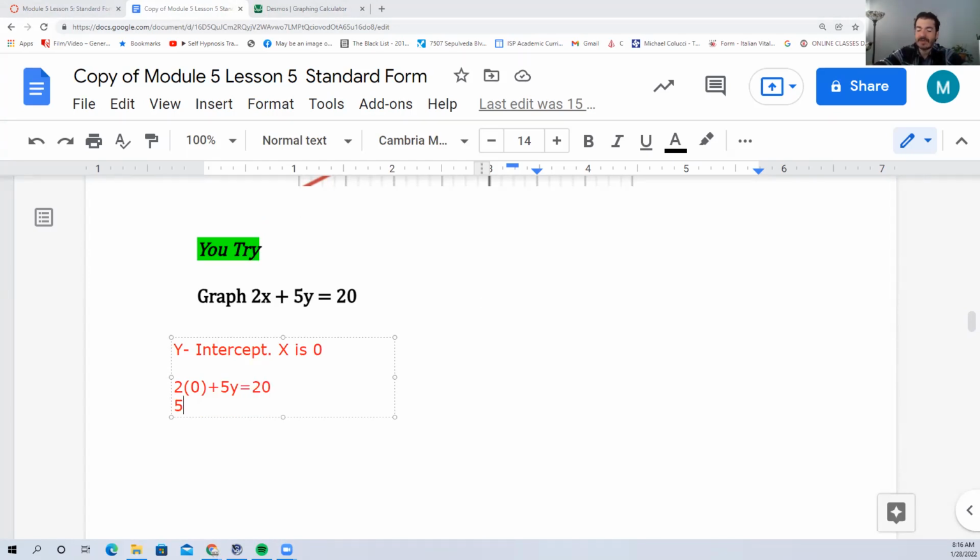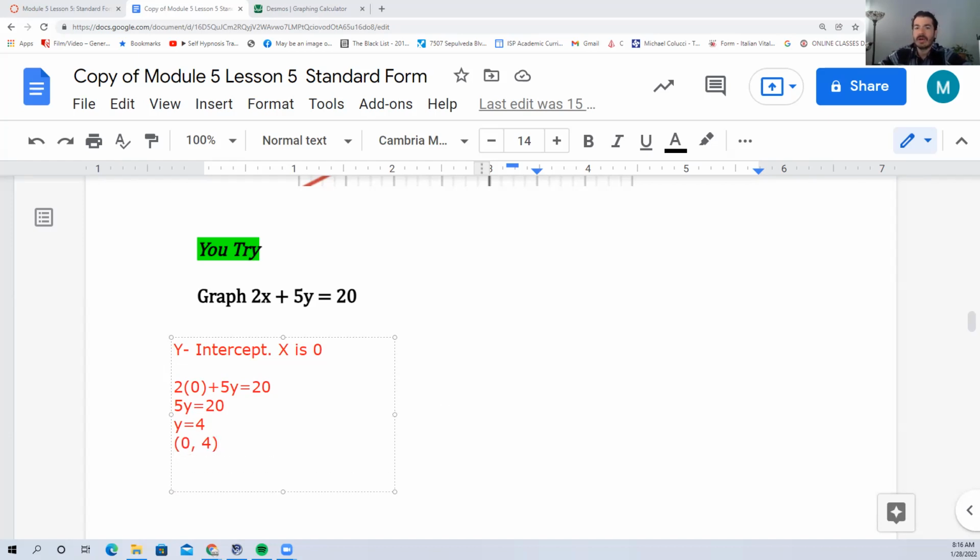This is 5y equals 20 because any number times 0 is 0. So it just goes away. Y is equal to 4 because 5 times 4 is 20. All right, so now I just figured out my y-intercept. Awesome. So the y-intercept point is going to be 0, 4.